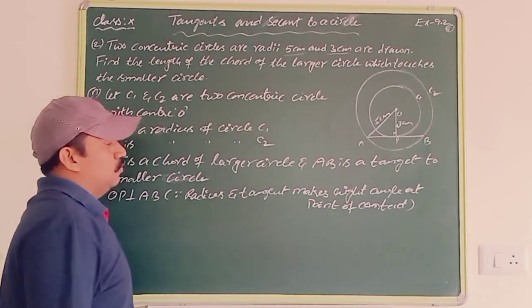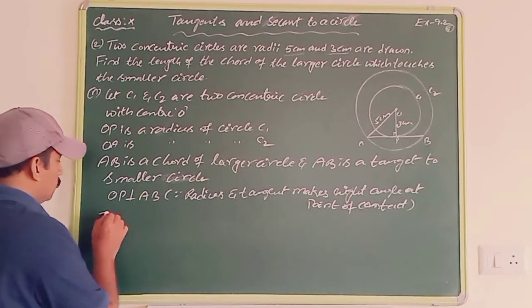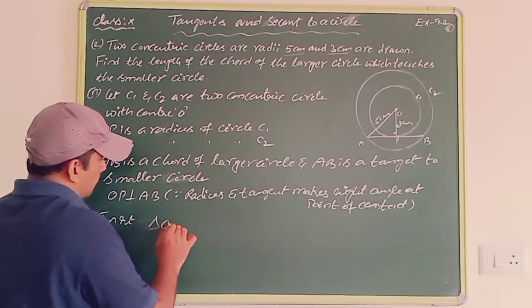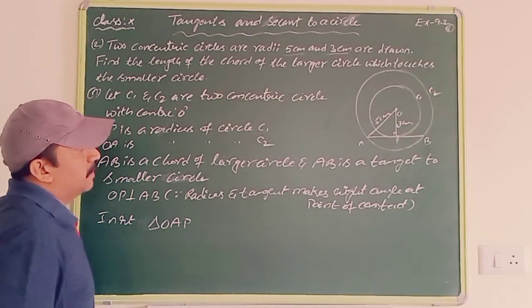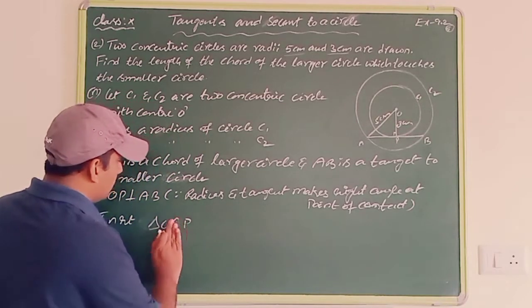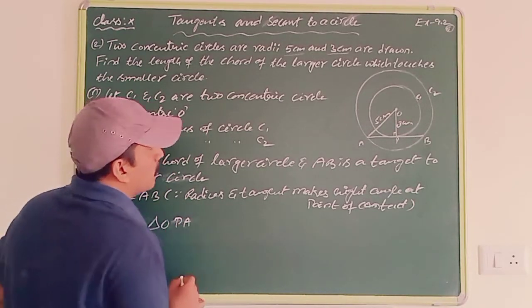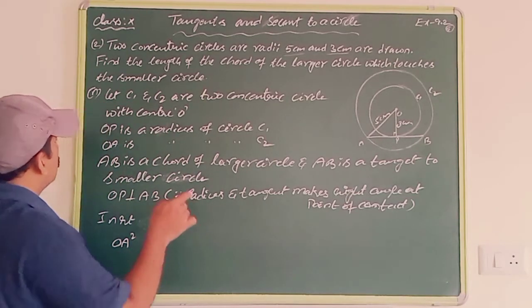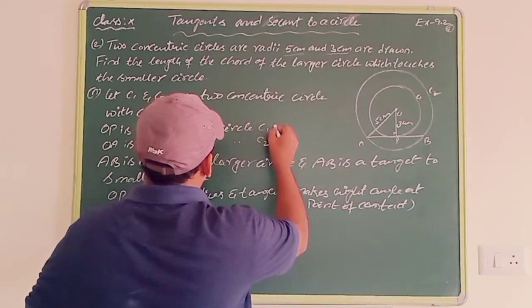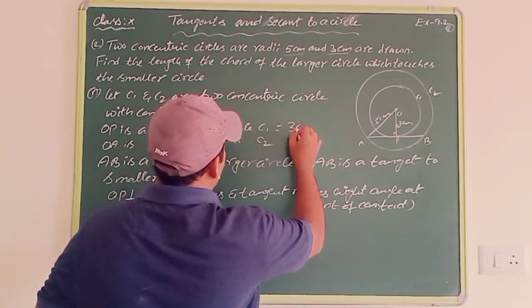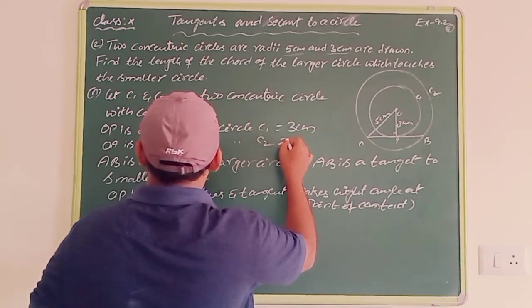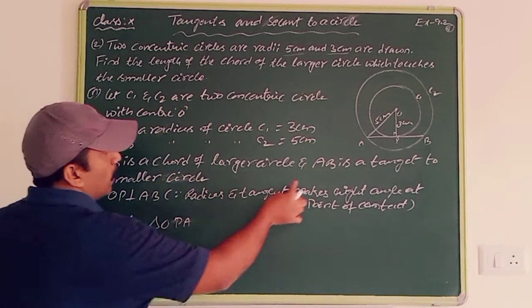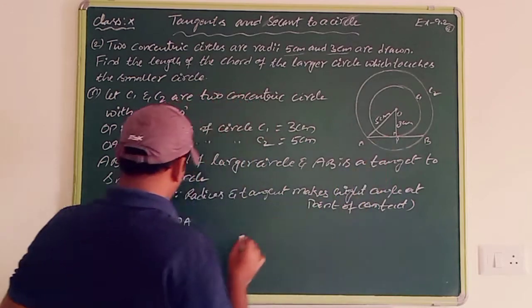Okay. So now in right triangle OPA, OA square equals... See, OP is the radius of the smaller circle, which is 3 centimeters, and OA is 5 centimeters. So OA square is equal to OP square plus AP square.